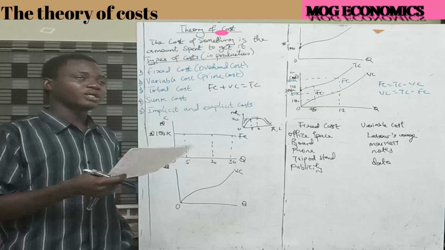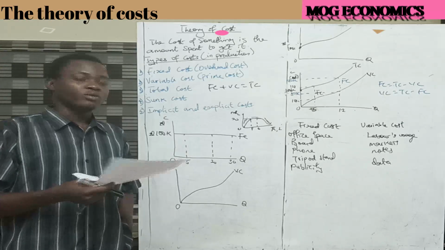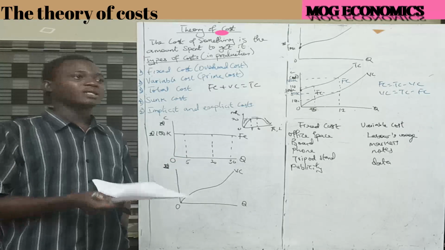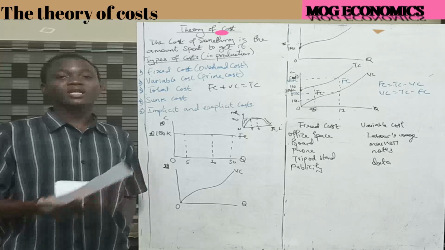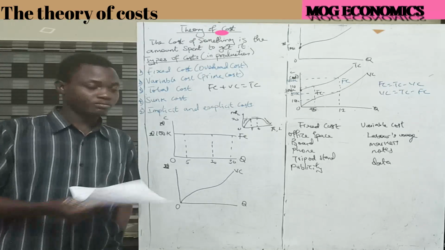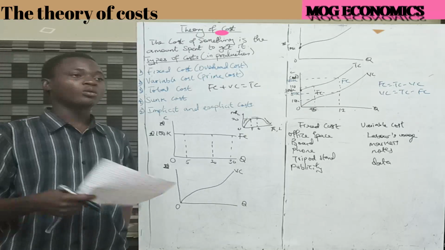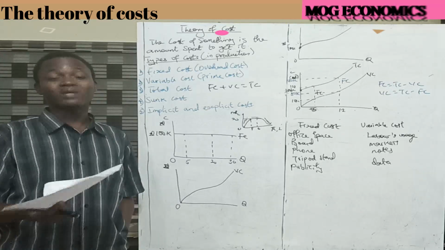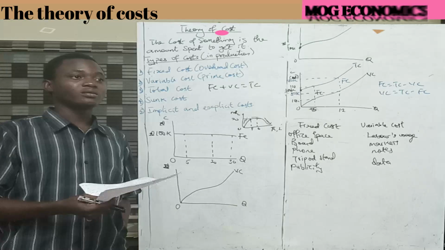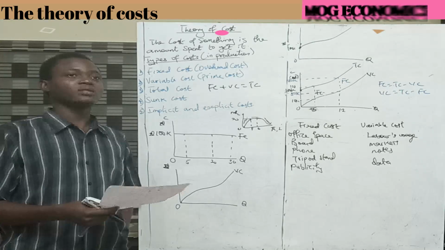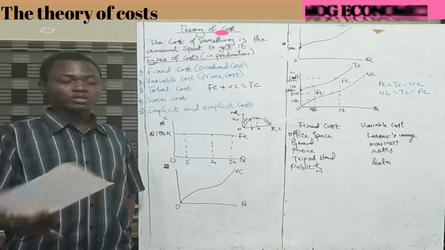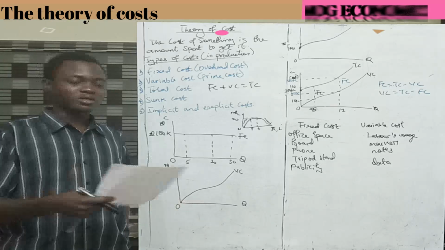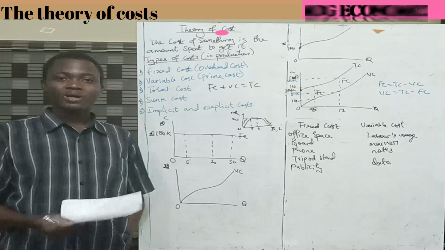Then the third example is advertisement. The company says we develop some products, so we want to advertise them to the public, and the intention of advertisement is to increase sales, basically. So you develop a product, you pay an advertising agency to create maybe an ad, to put this thing out there.